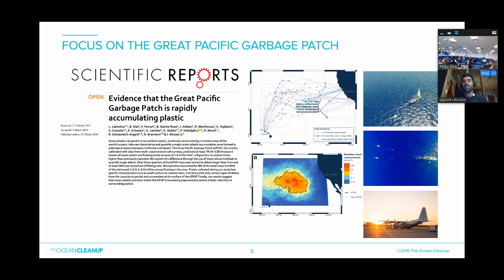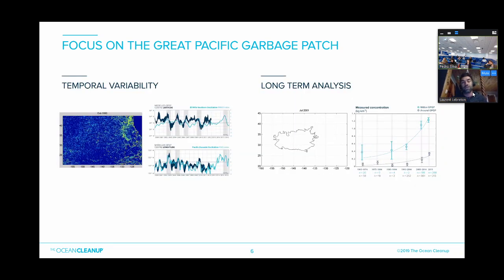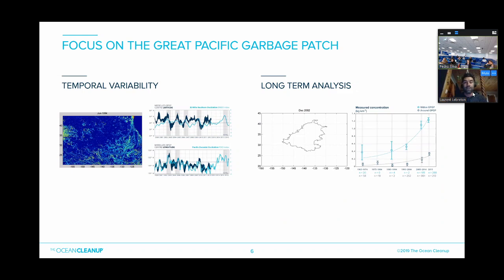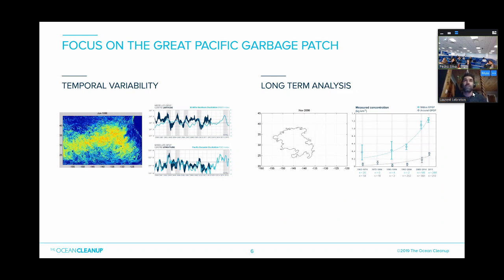Using those 2 field expeditions, with the model that we developed, we were able to give with more confidence the composition and the extent of the garbage patch. One of the main results, and that's the title of the paper, is that it was the first time we proved that there was an accumulation in garbage patches, because until 2018 it was still not accepted that there was a significant accumulation of plastic at the surface of the ocean.